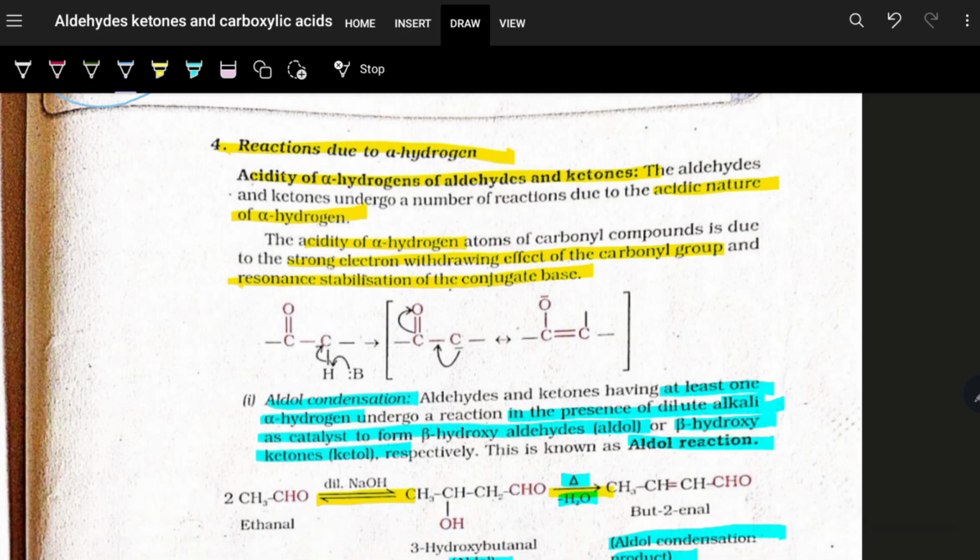Next, reaction due to alpha hydrogen. Remember, the alpha hydrogens of carbonyls are acidic hydrogens due to the polar nature of this bond.